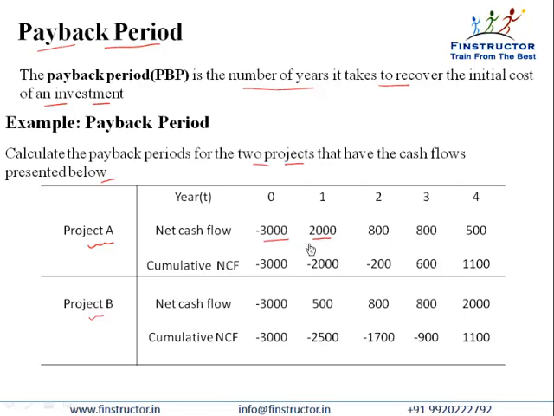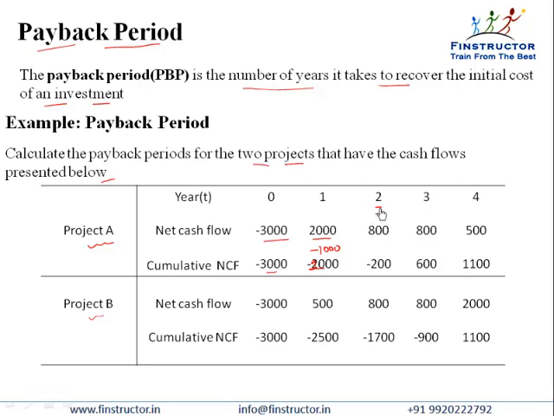So how much is remaining now? I've already received $2,000, so what is remaining is another $1,000 because I invested $3,000 and $2,000 has come back, so $1,000 is remaining.